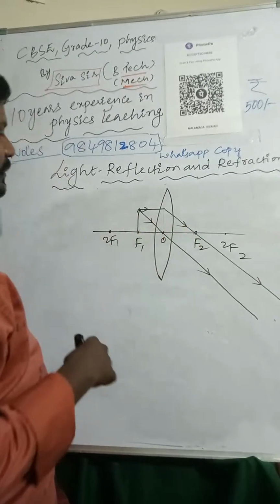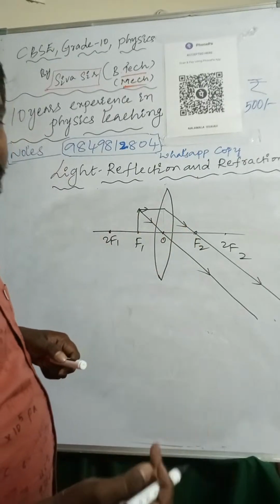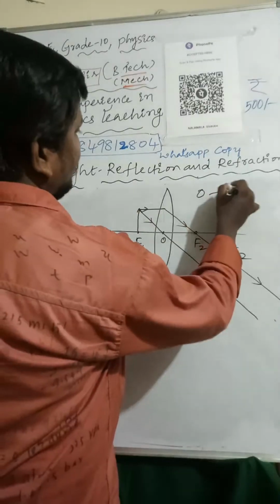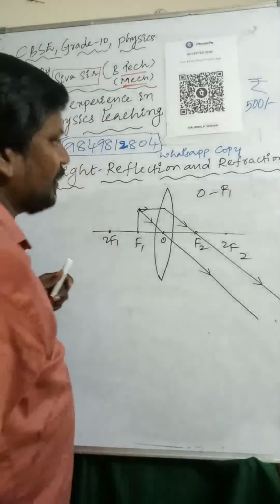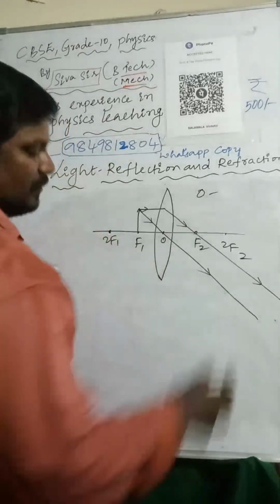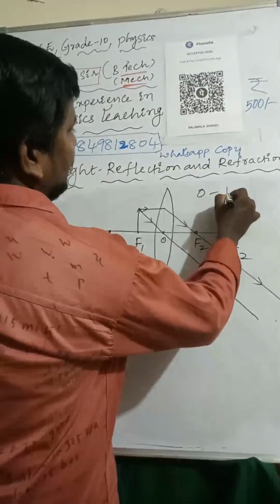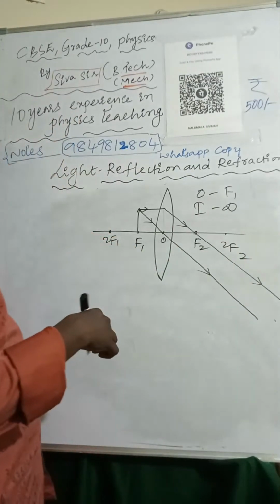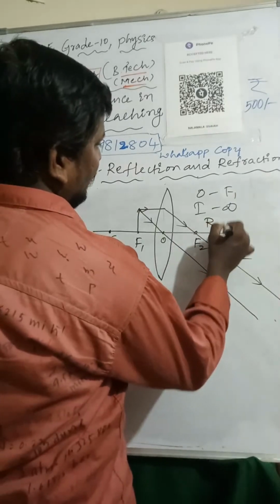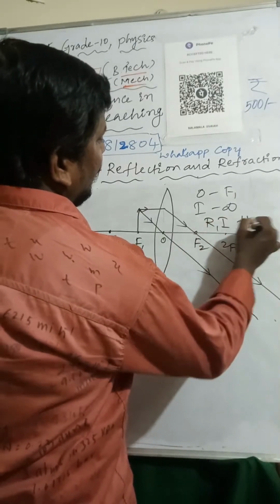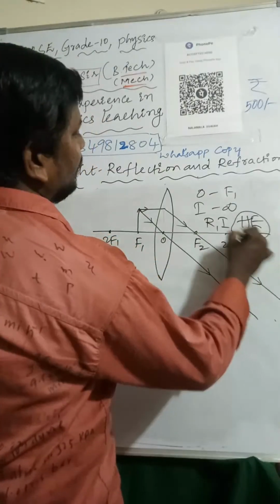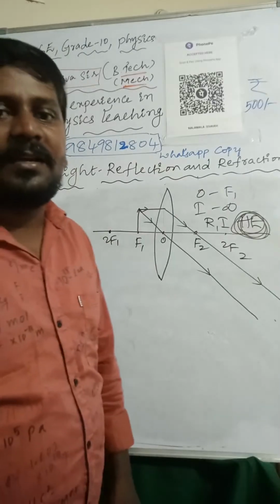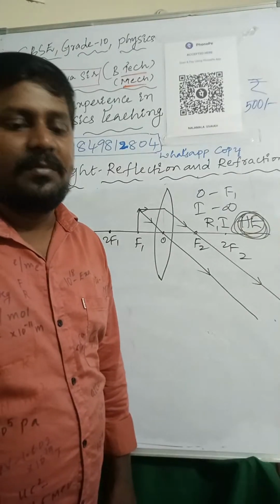So these are parallel lines. Parallel lines, we assume those light rays will meet at infinity. So the object at f1, the image will form at infinity. The nature of the image is real, inverted, highly enlarged, because the image will form at infinity.